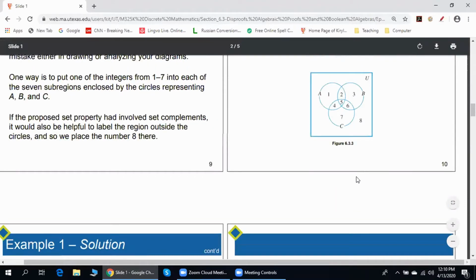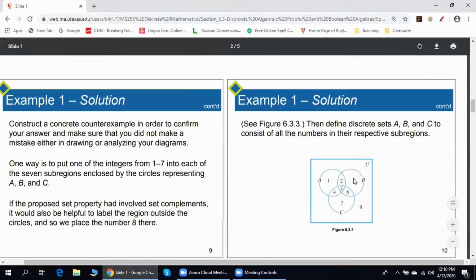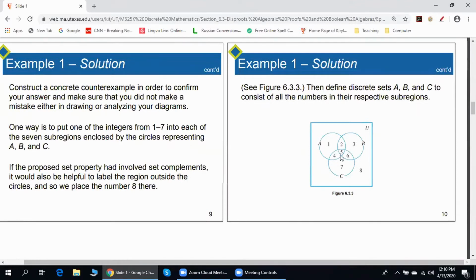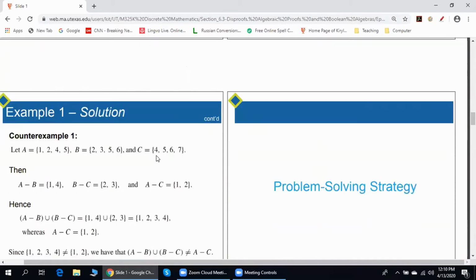It's exactly what we see here. Lastly, set C consists of the following numbers: 4, 5, 6, 7. It's exactly what we have here.